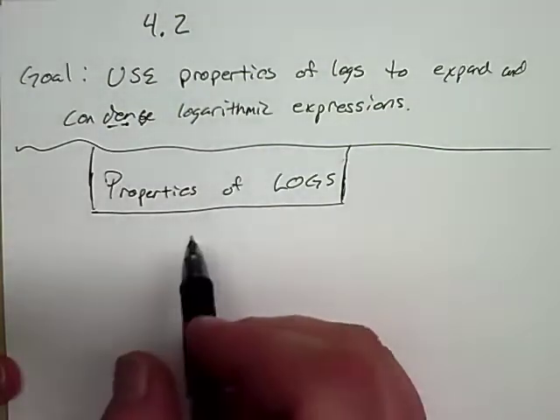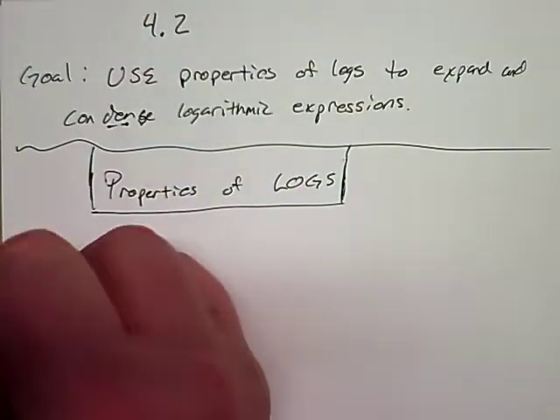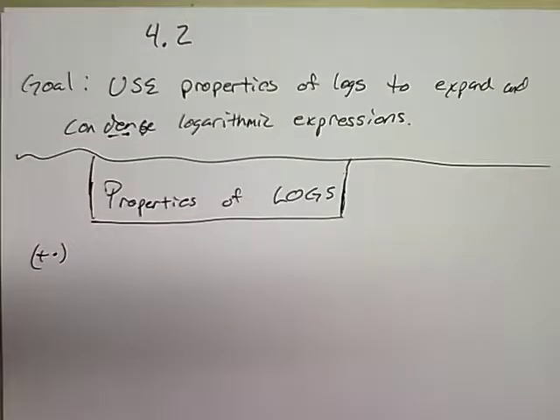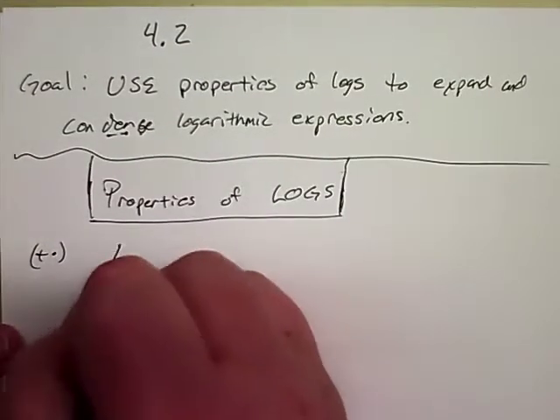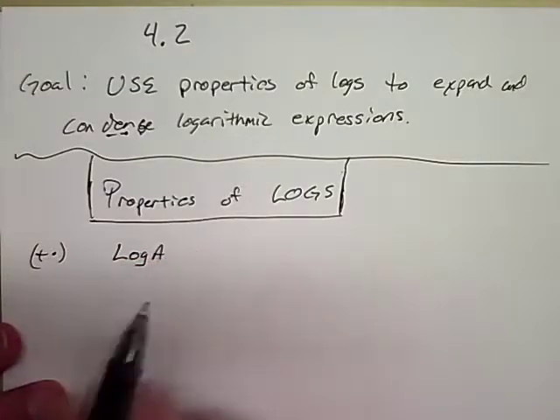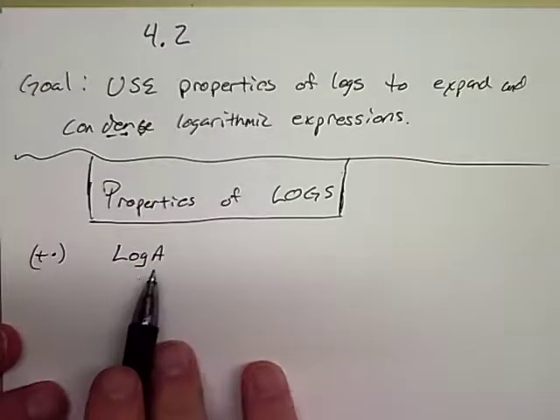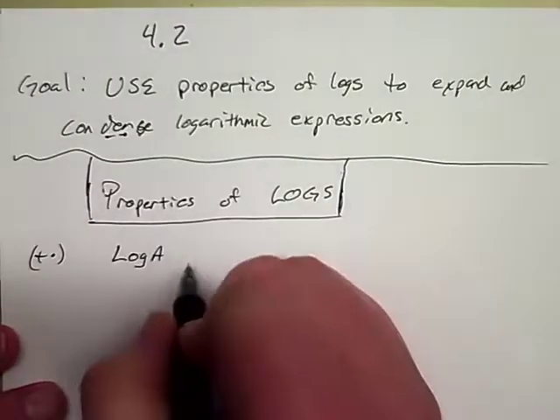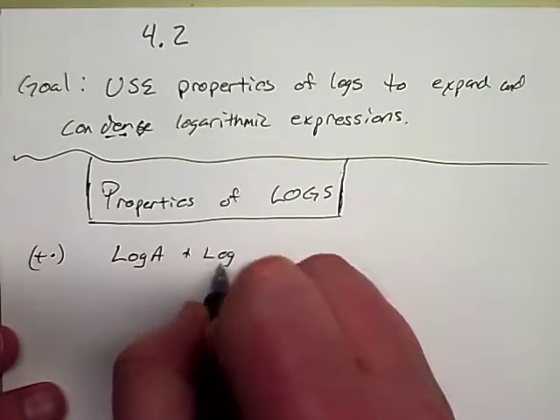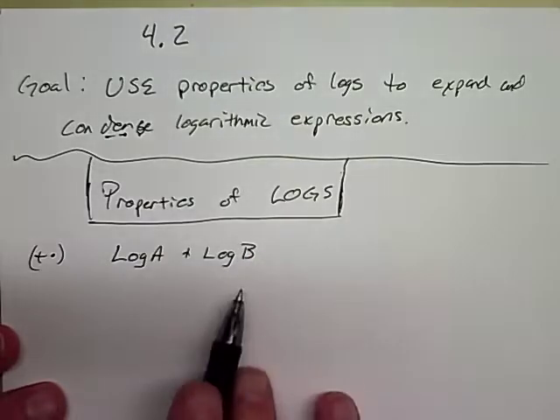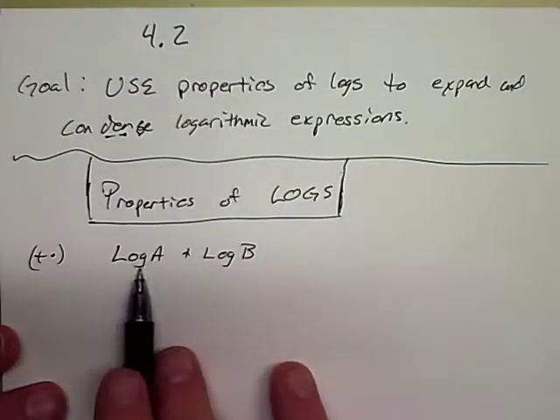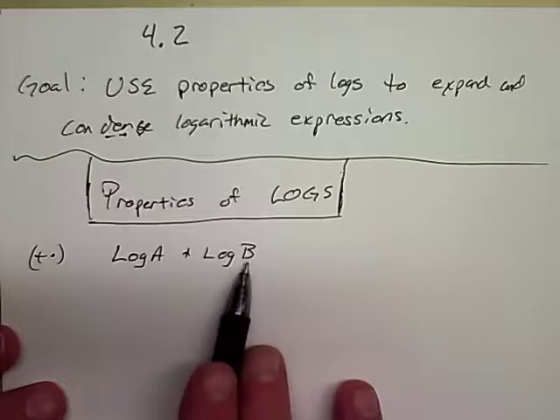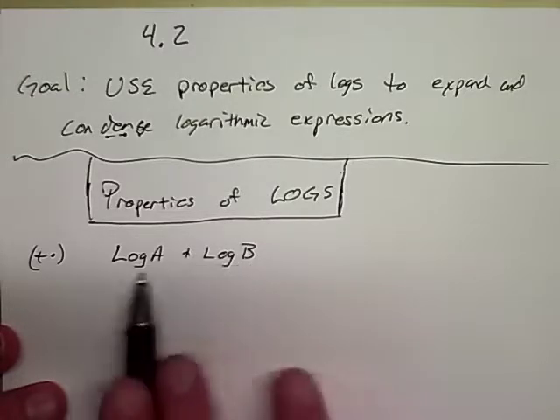All right, so the first one that we have is the addition multiplication law. It says if I have the log of something, and here we're going to use base 10, there's no base written, but it's understood to be base 10, and I add it with another logarithm with a different argument, log base 10 of A plus log base 10 of B. I have the same base.